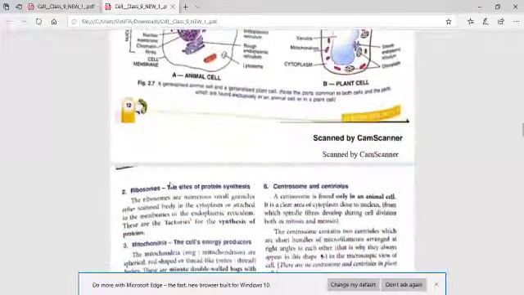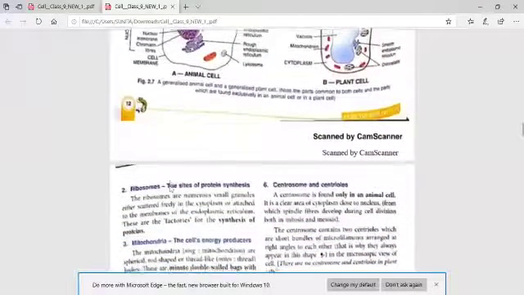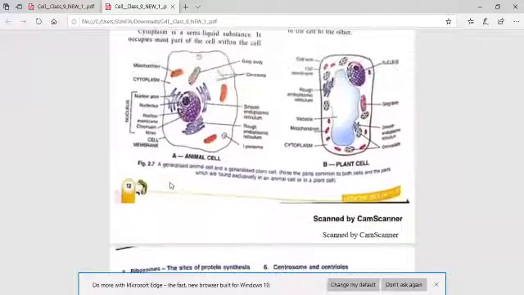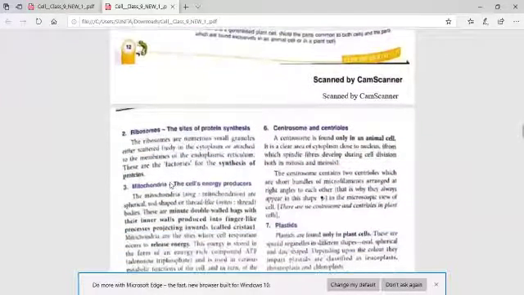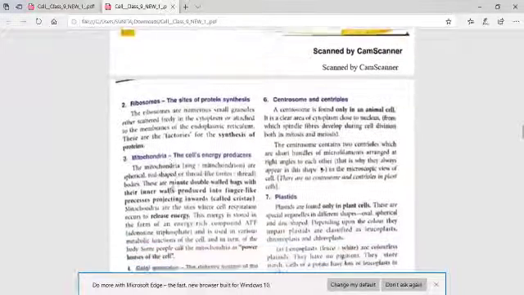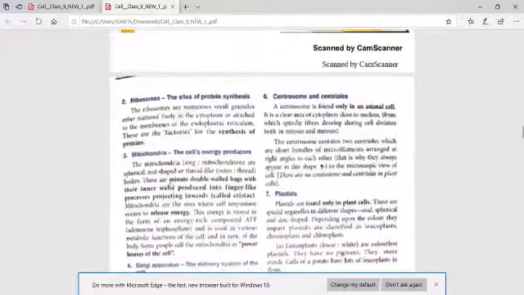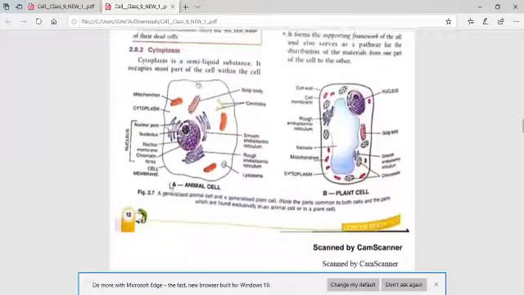The main function of ribosome, just now you read that if the endoplasmic reticulum is associated with ribosomes, it helps in protein synthesis. That means the ribosomes are the protein factories of the cell. Proteins are synthesized there because it is directly connected with the DNA or the chromosome which is present in the nucleus. So this is the structure of ribosome.